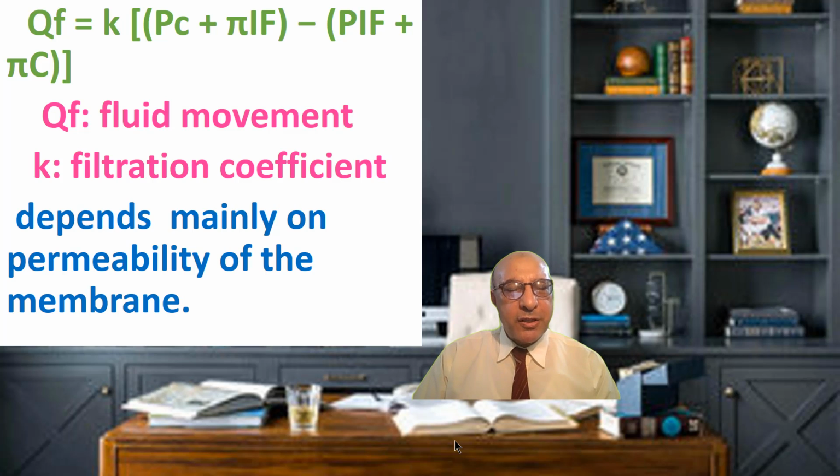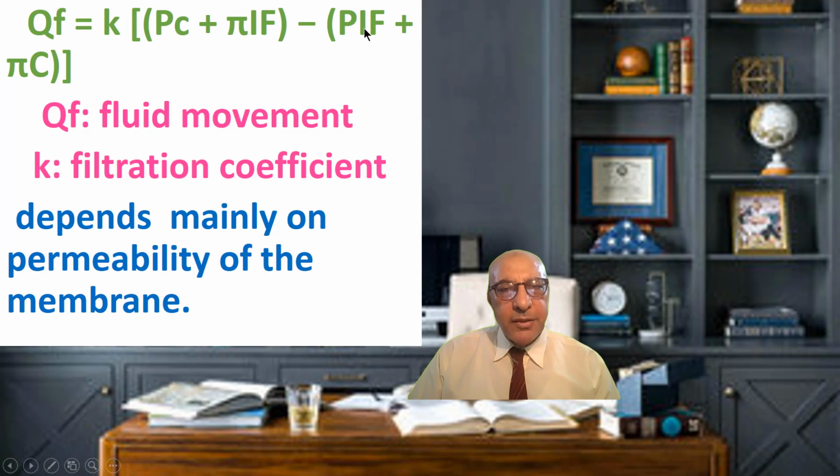The hydrostatic pressure is pushing fluid out of the capillary, while the oncotic pressure of the interstitial space is pulling fluid from the capillary to the interstitium. They are working in the same direction, summating with each other, increasing the force pushing the fluid out of the capillary to the interstitial space. Against this summation, we have another force.